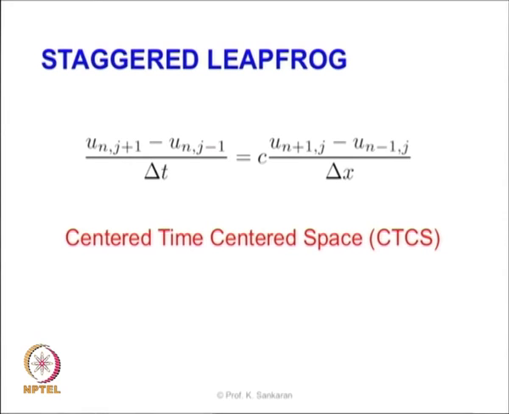That is what you see in this particular equation. We call this centered in time and centered in space, CTCS. It is nothing but the staggered leapfrogging technique.